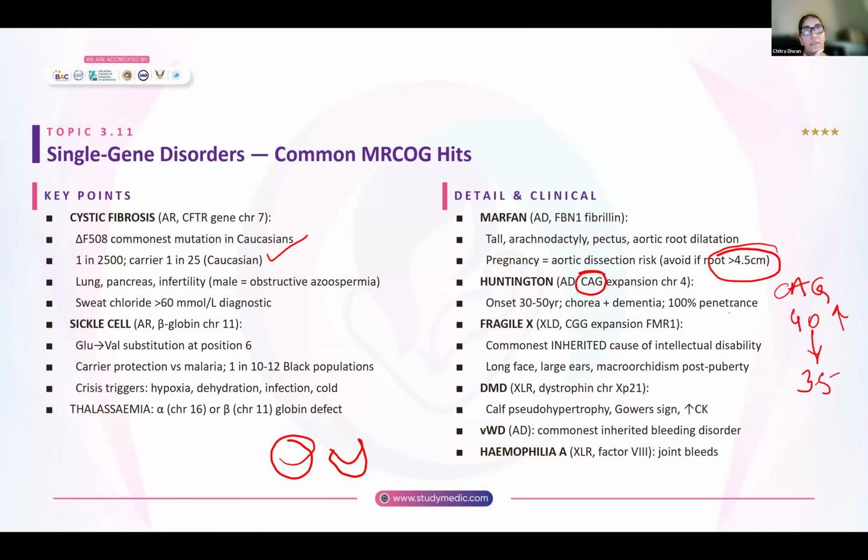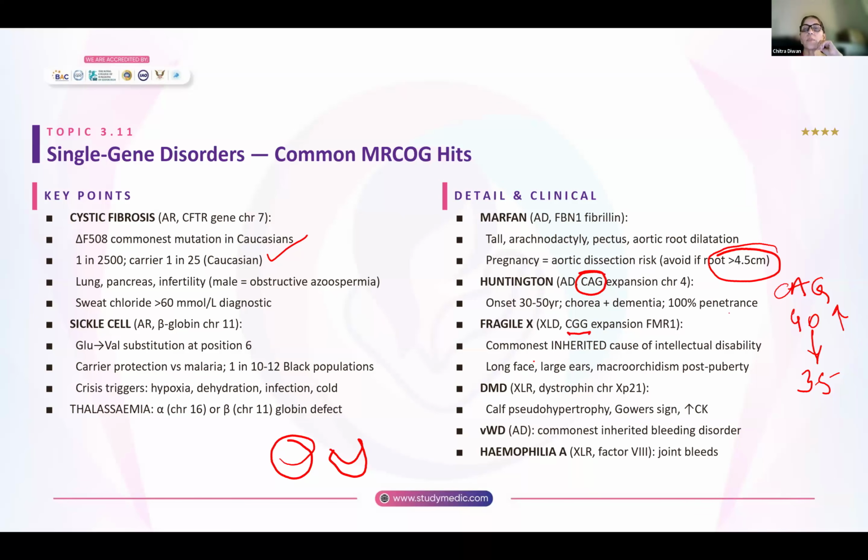Now, fragile X is X-linked dominant, so it is usually passed on from the mother. Okay, it is X-linked dominant. So from the father, it will go only to the daughters. The expansion is there in the CGG trinucleotide.